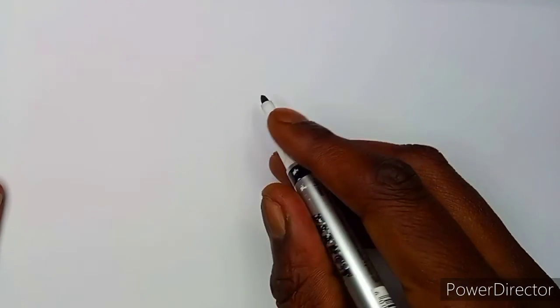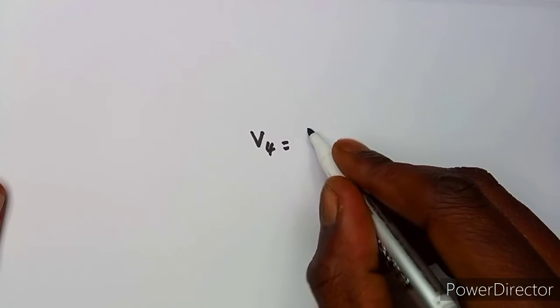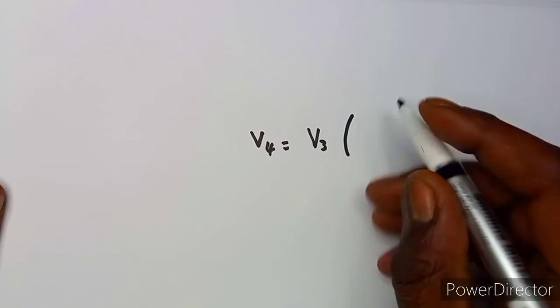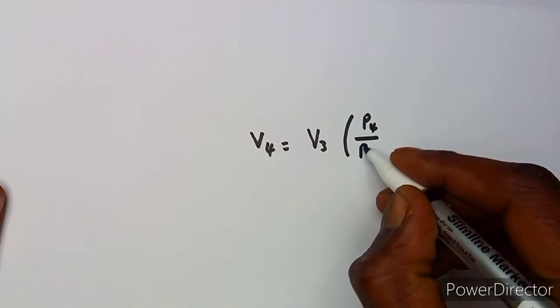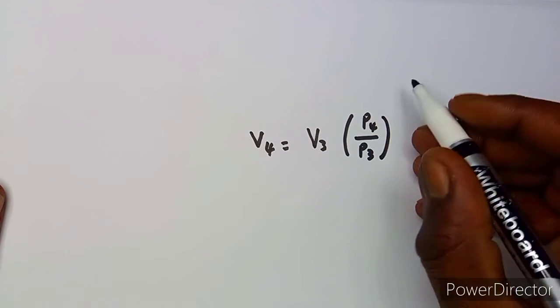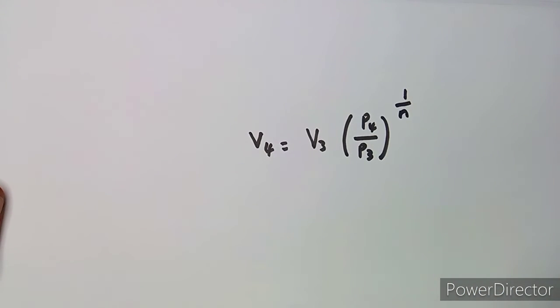I want you to take note from your formula sheet. There is this formula. I don't know where I put this formula sheet, but it's like this. V4 is going to end up like this. V4 is equal to V3 into P4 over P3, to the exponent of 1 minus 1 over n.